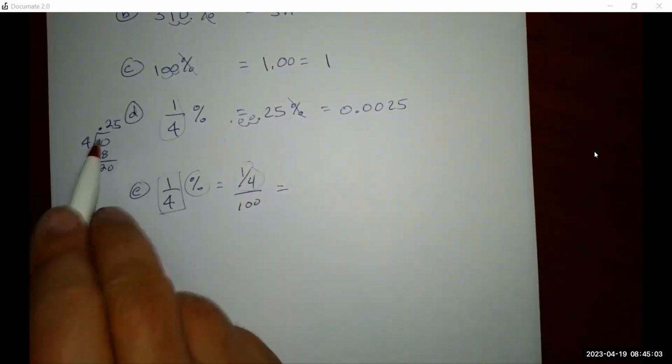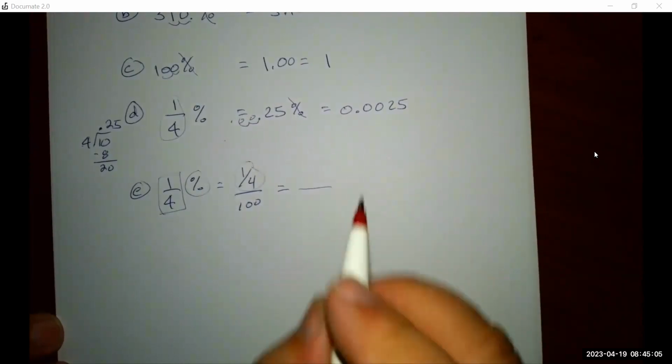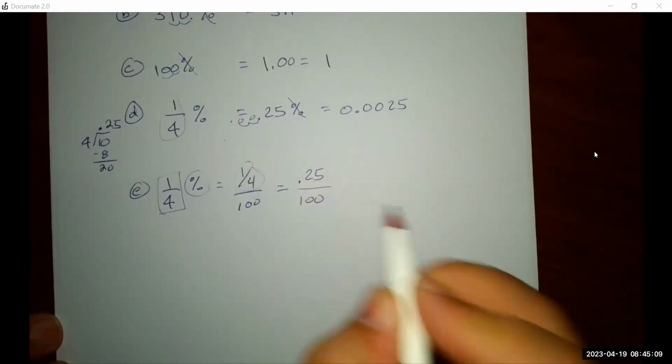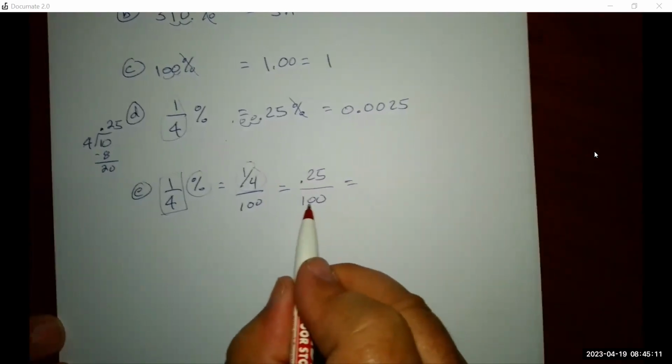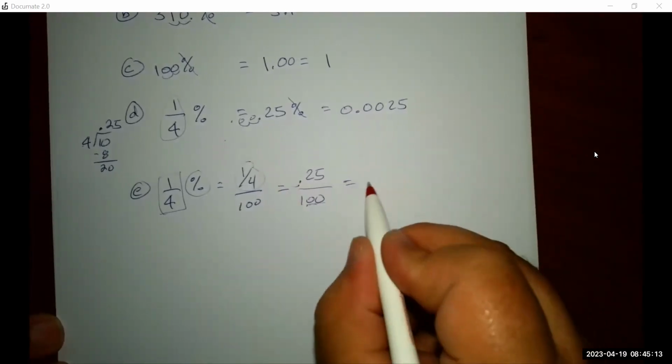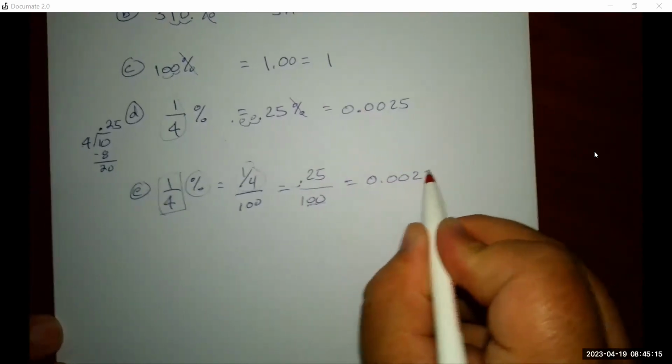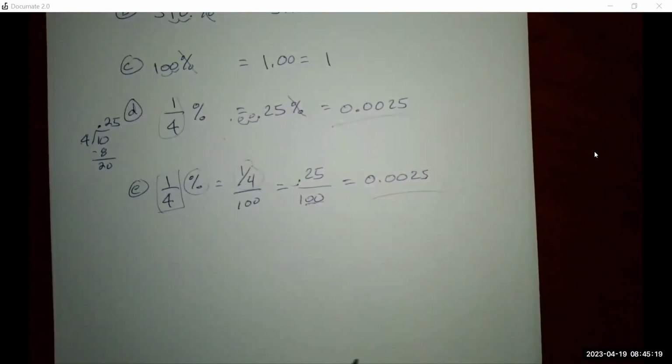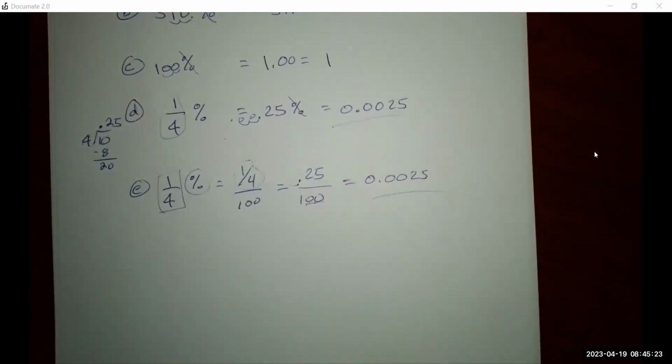We convert that to decimals, which is 0.25. And since we're dividing by 100, move it to the left. Then we get the same answer. All right, so that's how you do those.